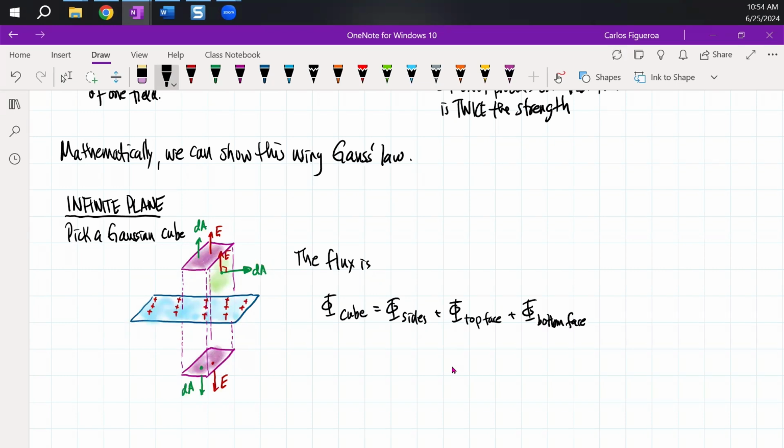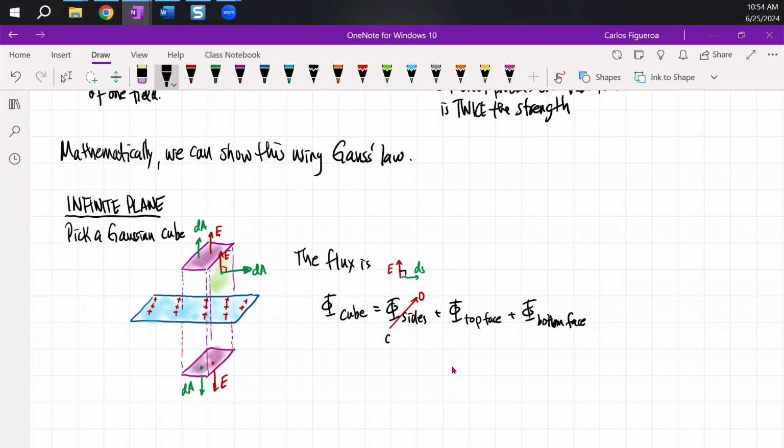And in each of these situations, this is automatically zero because my electric field goes like that, and this right here is a right triangle. So that immediately goes to 0 by the dot product.